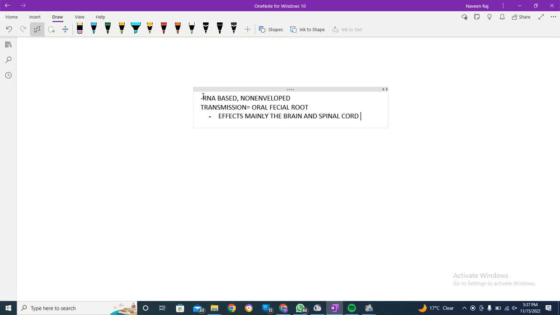Due to that, it leads to paralysis. I have explained why it leads to that: because motor neurons are not there, the feedback is not coming, and the parts are just not working.